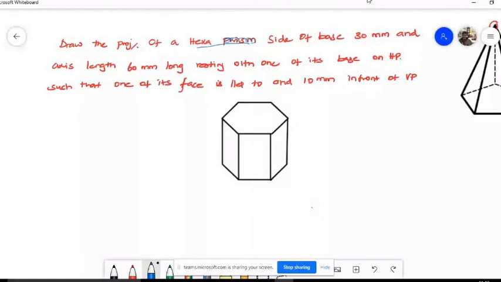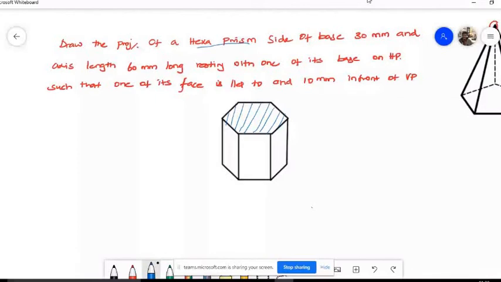Hexagonal prism. Okay, so hexagonal prism will have 2 bases. So this is base 1, and similar to that it will have one more base, and in the base it will have 6 edges, or you can call that as sides. 1, 2, 3, 4, 5, 6. Similarly there will be 6 edges.